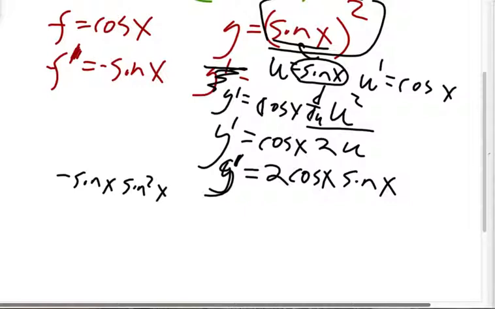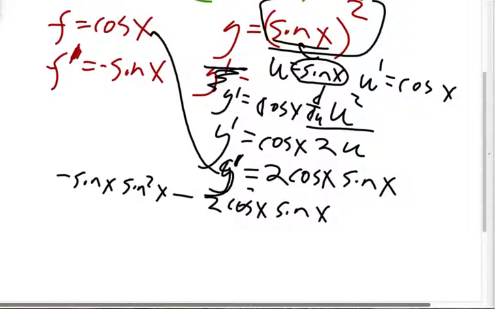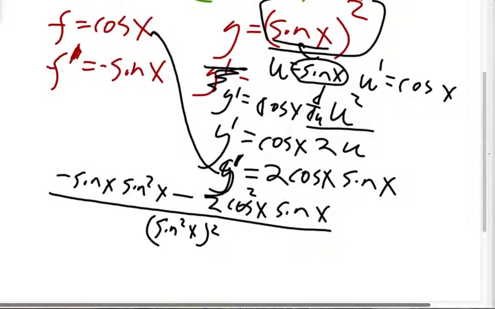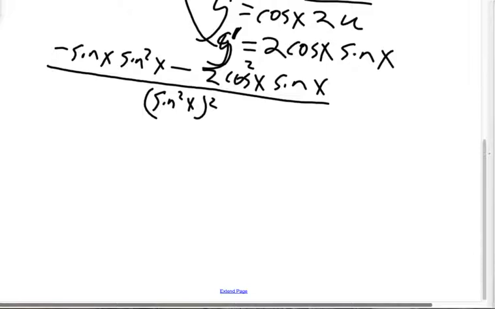That's f prime g minus g prime f. So that will be 2 cosine of x sine of x times cosine of x, which is going to make this 2 cosine squared of x. All of that is over sine squared of x squared. And we're still not done.